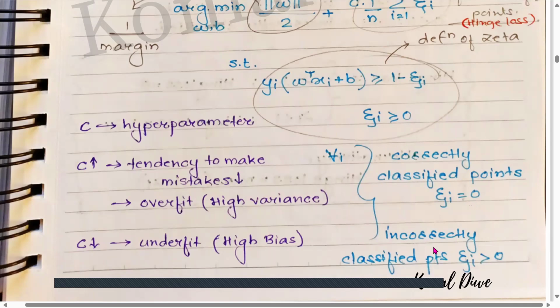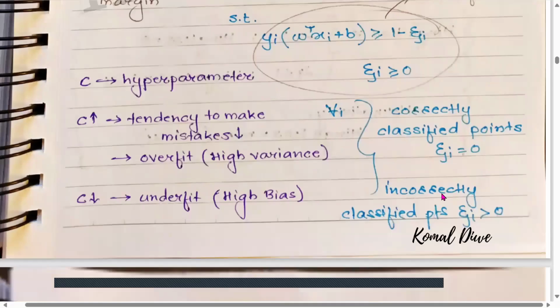Incorrectly classified means points where zeta is greater than 0. If the zeta value is greater than 0, the points are incorrectly classified. You have to mark these points with a star. These are the short notes you have to remember.